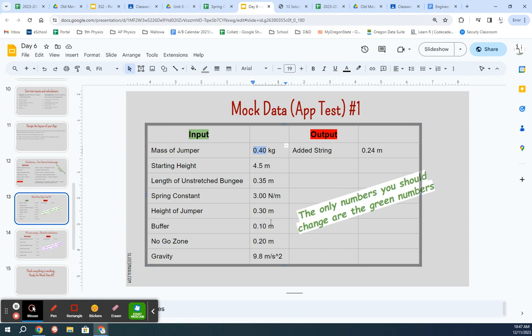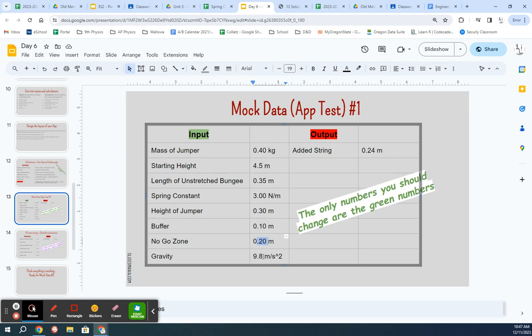So put in a mass of 0.4 for the jumper, a starting height of 4.5 meters, length of the unstretched bungee as 0.35, spring constant of 3, jumper height of 0.3, buffer of 0.1, no-go zone of 0.2, and of course gravity of 9.8.